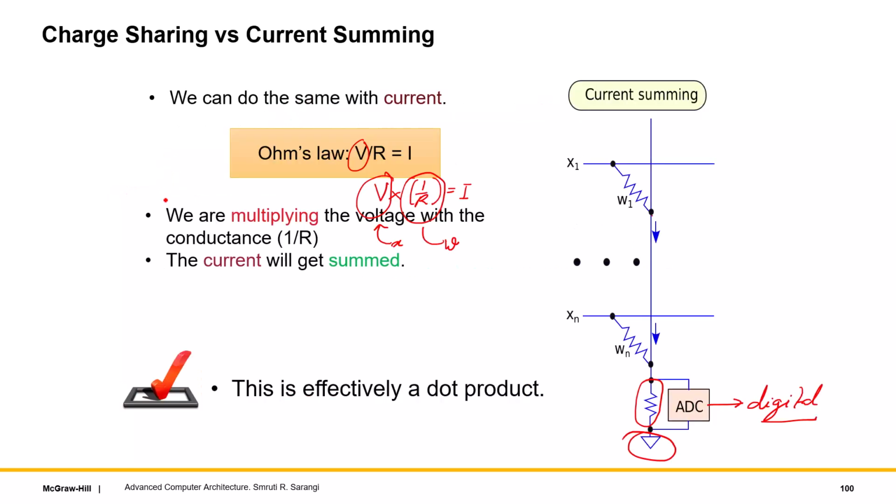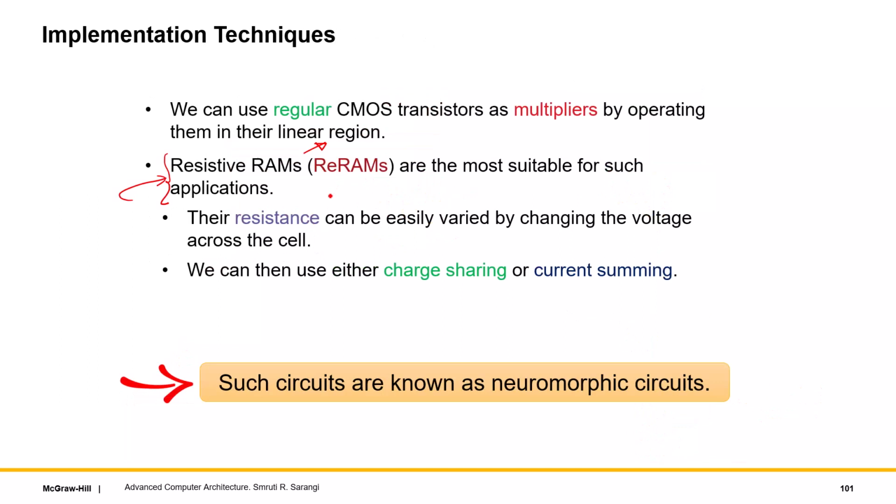One problem was that to realize a different weight, you have to vary the resistance. What we had seen there is that the resistance of the cell can be varied by essentially changing the voltage across it. So the resistance is a function of the historical values of the voltages. So this can be varied.